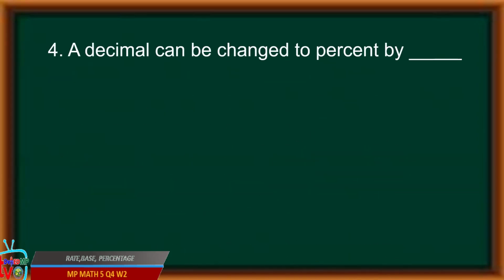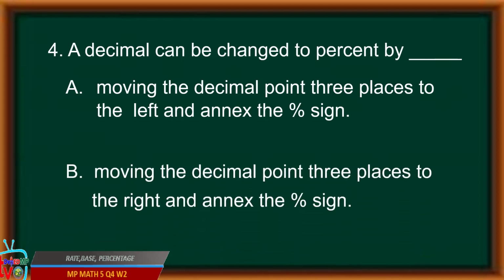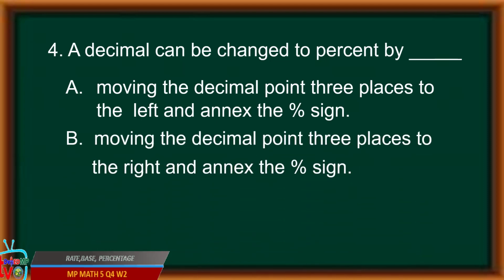Number 4. A decimal can be changed to percent by blank. A. Moving the decimal point 3 places to the left and annex the percent sign. B. Moving the decimal point 3 places to the right and annex the percent sign.